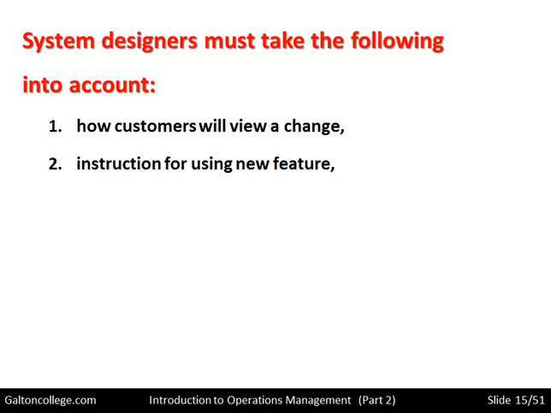The system designers must also have instructions for using some new feature. If systems are going to be changed, or if products are going to be changed, it's important that relevant information is disseminated throughout the system. Now, it could be that the operations management team are the initiators of the change.